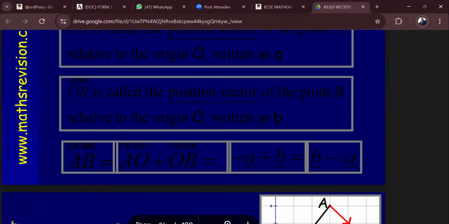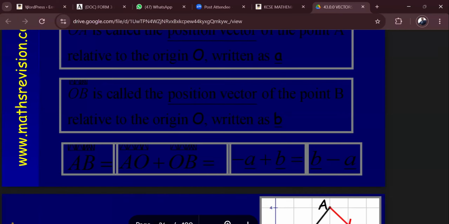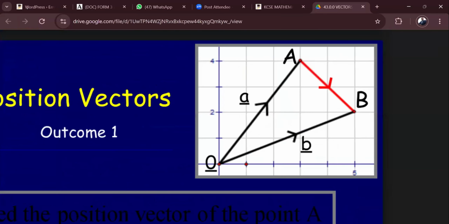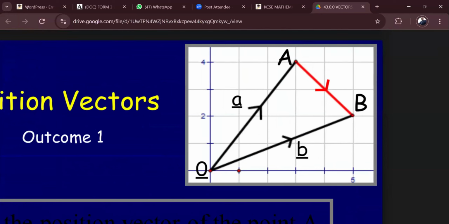We say that AB is AO plus OB, when we find vector AB, given that OA is a and OB is b.